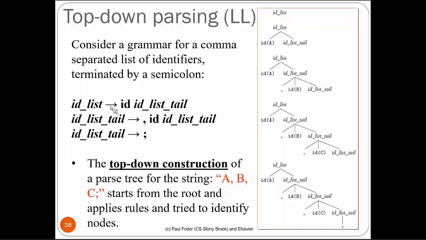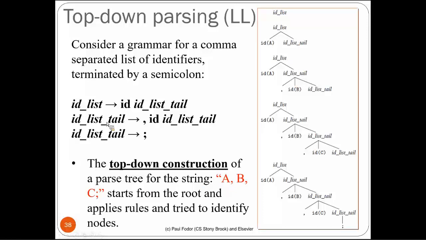So for an ID list, we use the first production rule. There is no other production rule for ID list. An ID list is an ID followed by an ID list tail. ID is the leftmost symbol, so immediately we can identify that the ID that we are looking at on the left-hand side of this string is the ID A.